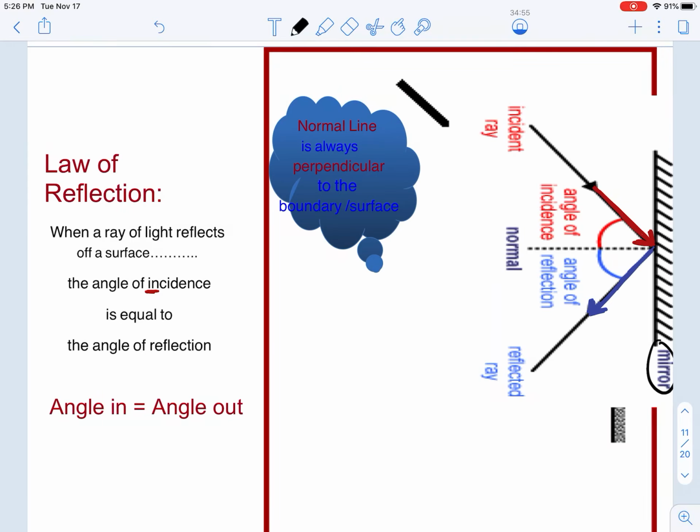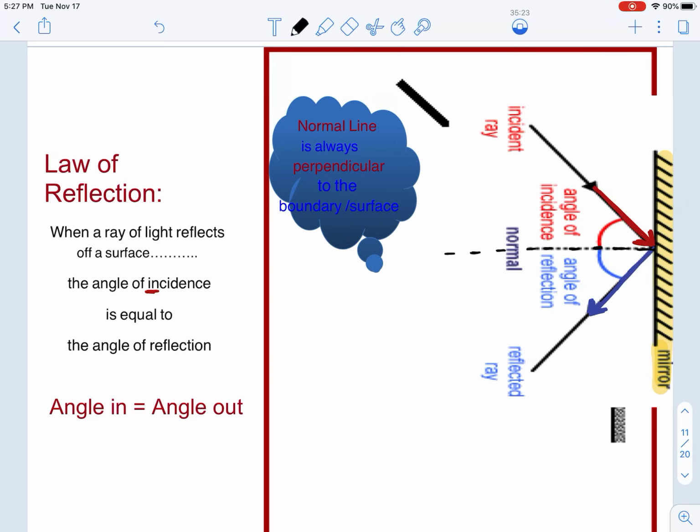Our normal line is going to be an imaginary line. Here is my reflective surface or boundary. It says over here we have our mirror, so this is the mirror. So perpendicular to this is our normal line. So here is our normal line, and it is where we are going to take our measurements from.